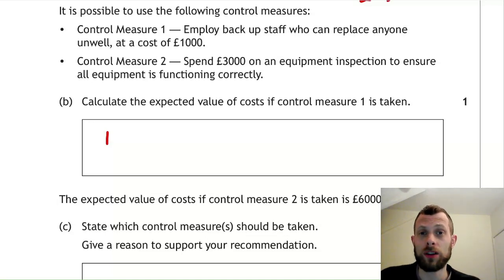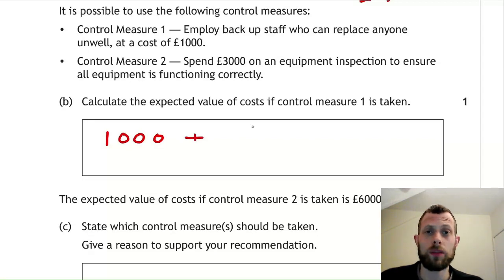So we want the expected value of all of the costs if we take control measure 1. So there is this extra cost of £1,000. Now we also still have the chance that there will be a delay and we'd be charged £10,000, but this time this is no longer happening for unwell staff, because we've taken measures to control that.